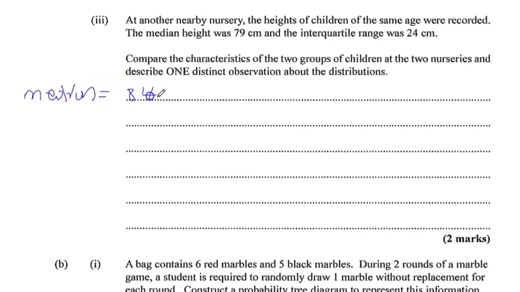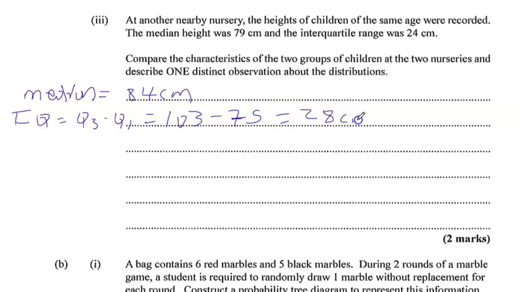84 centimeters, and the interquartile range is Q3 minus Q1. Our upper quartile Q3 was 103 and our lower quartile Q1 was 75, which gives us 28 centimeters. So if you compare the data from the two nurseries, what you'll notice is that the median height for the one we just calculated is greater than the median height of the other.